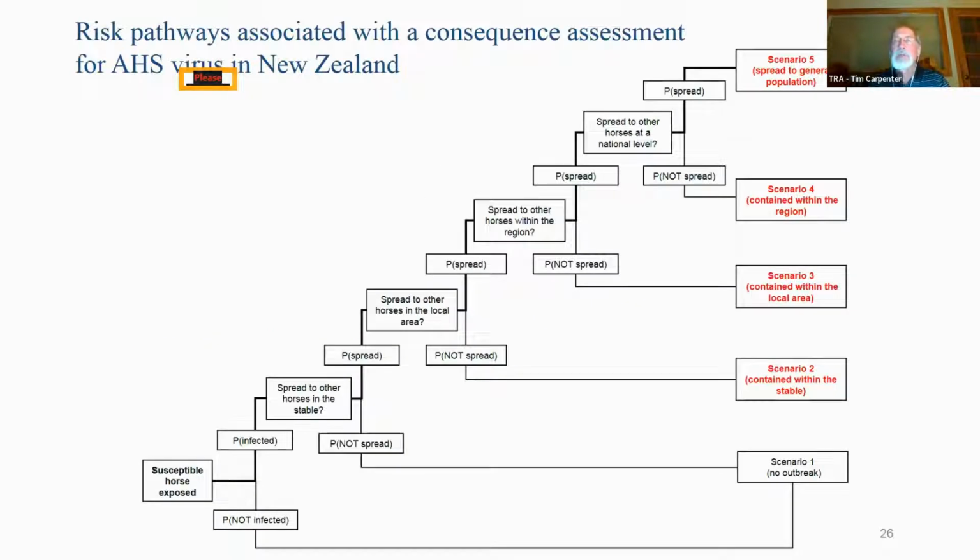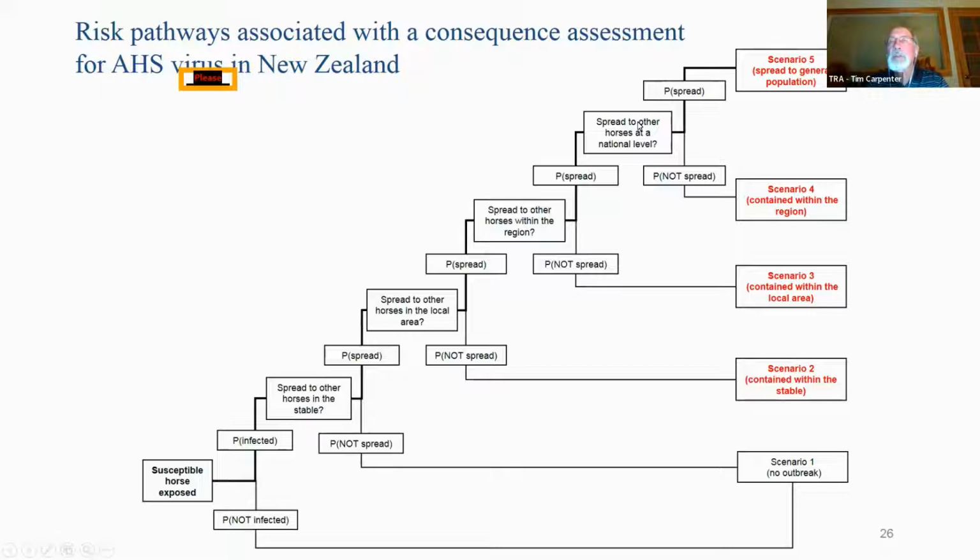And to do this, we can create the scenario tree again. If you can simply visualize this as you go from left to right and up the ladder, it's becoming more expensive spread, from the individual horse to horses within the stable, to horses in the local area, to horses in the region, to the national level.